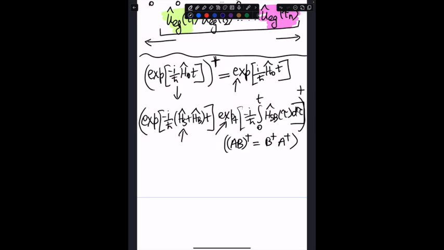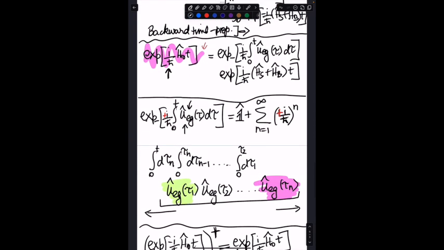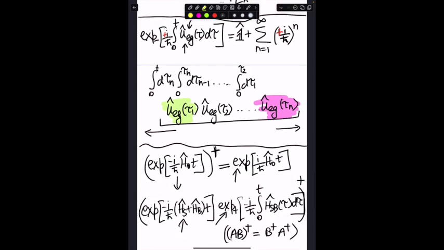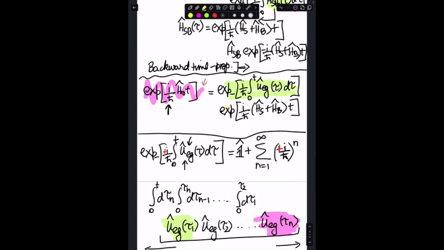The Hermitian conjugate of the positive time ordered exponential would just be the negative time ordered exponential, which is this term. And then you have the Hermitian conjugate of the time propagator with respect to the system and bath Hamiltonians, which is given here. So this checks out.